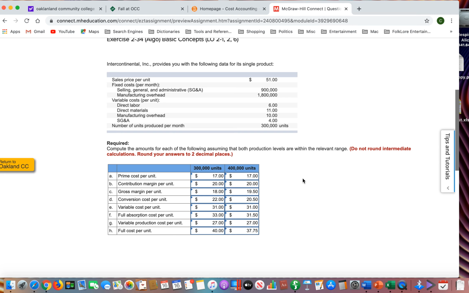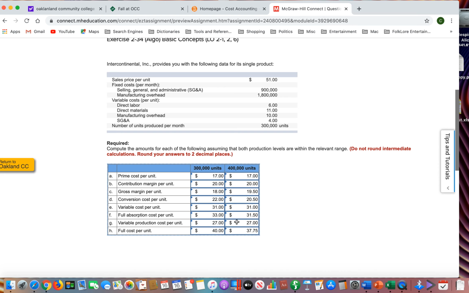The variable cost per unit, again, it says the variable production cost. So notice that word production. So we do not include the $4 of variable cost for SG&A, selling and general and administrative expense. It's just the 6, 11, and 10, which is $27. And the full cost is everything.